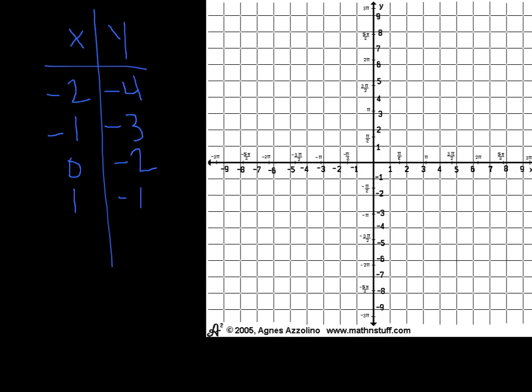So if we look at plotting those points, negative 2, negative 4 is down here. Negative 1, negative 3. 0, negative 2. And we notice, what is this graph starting to look like? Well, it's starting to look like a linear function, a line. Okay? But if we look at the function itself, what happens when we put in negative 3 for x? We get an undefined.